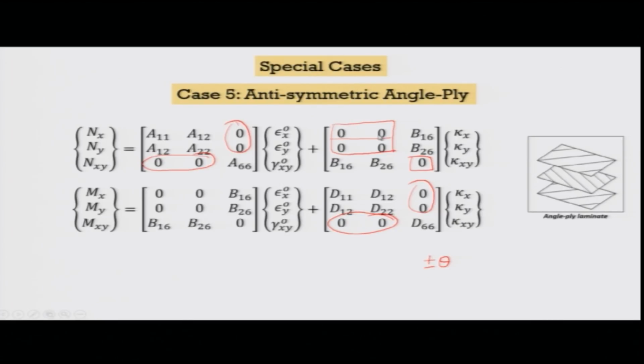So, what it would mean is that even if I apply, for example, the normal force along the x direction, it is going to affect epsilon x 0 and epsilon y 0, but not the shear, corresponding to this condition, and I am also not going to generate kappa x or kappa y, but only kappa x y because of this. So, this kind of peculiarity you can find in the special case of the antisymmetric angle ply system.